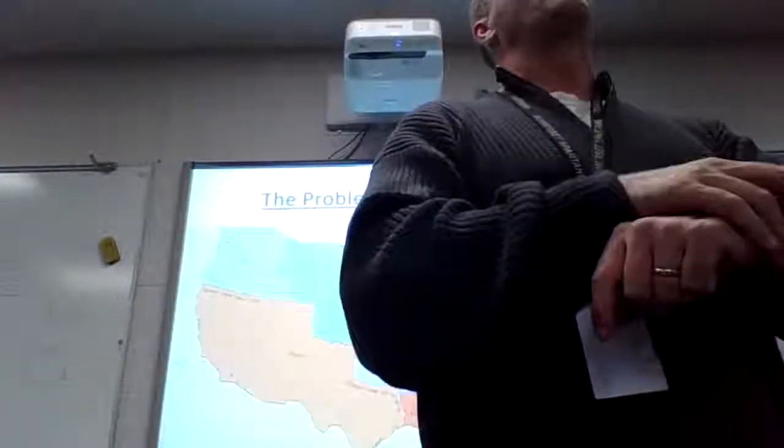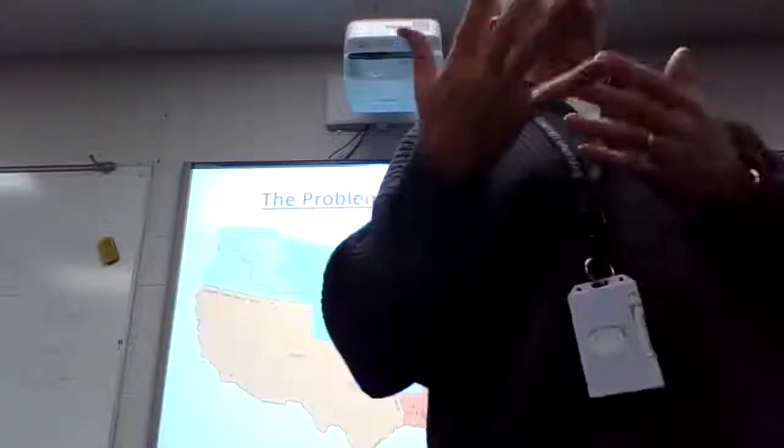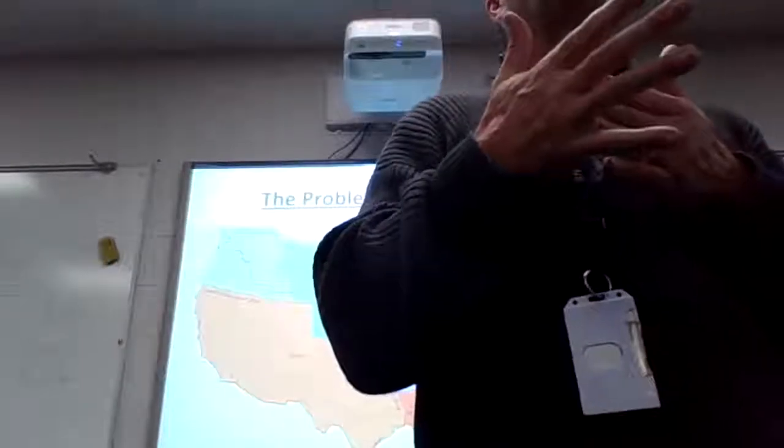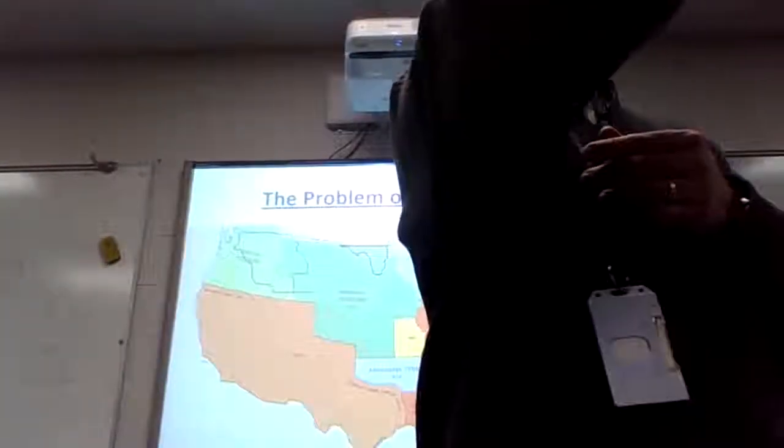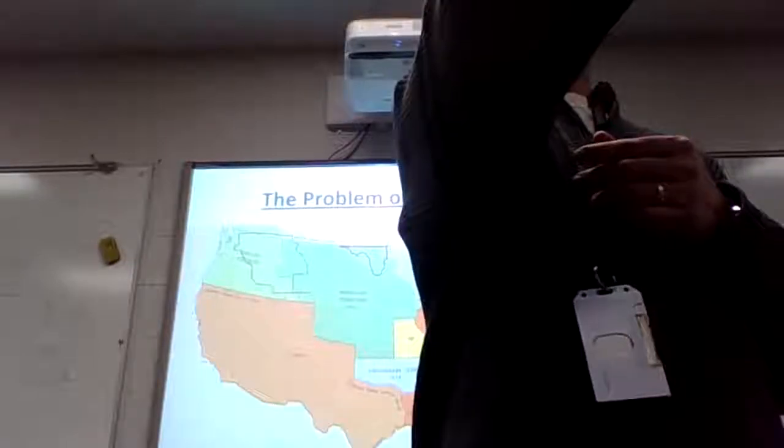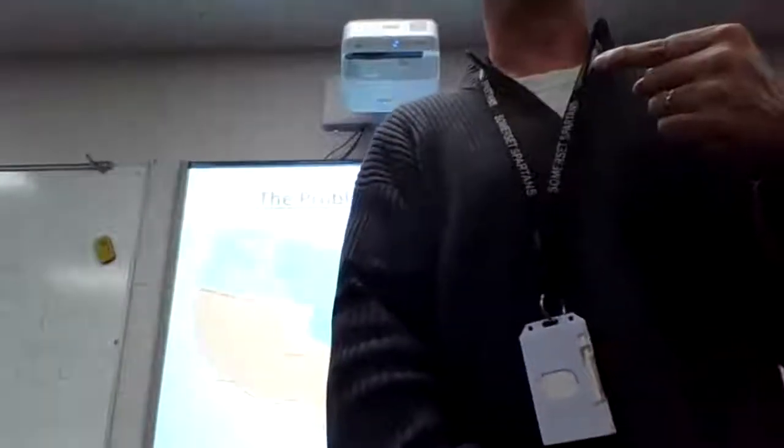Right before the American Civil War, the federal government passed a law called the Fugitive Slave Act. The Fugitive Slave Act ordered all Northerners, if you see some black person you think is a runaway slave, you have to apprehend that person. Not personally, but get the cops.